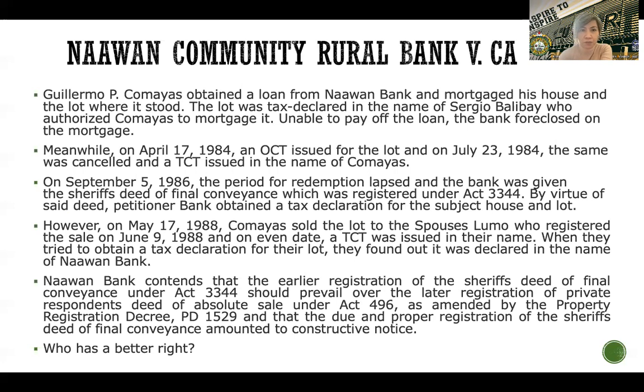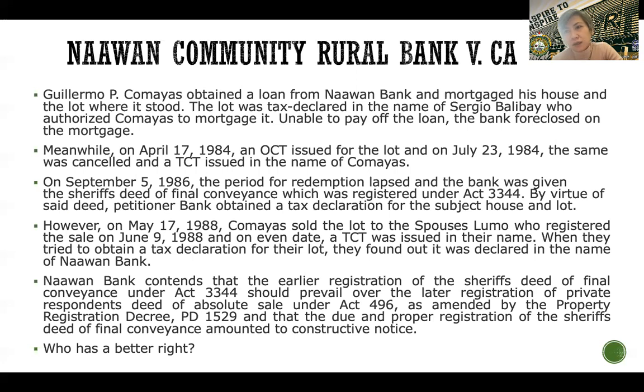So the lot became registered in the name of Comayas. So in 1986, after foreclosure by Naawan Bank, the 1-year period of redemption lapsed. So the bank was able to get a sheriff's deed of final conveyance.